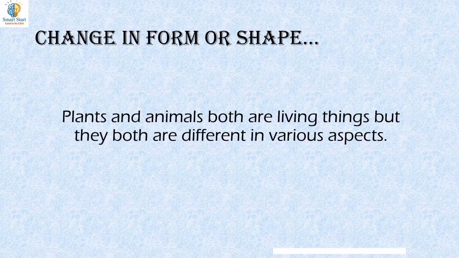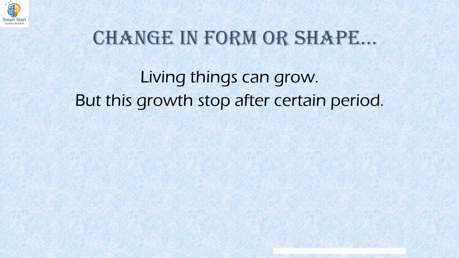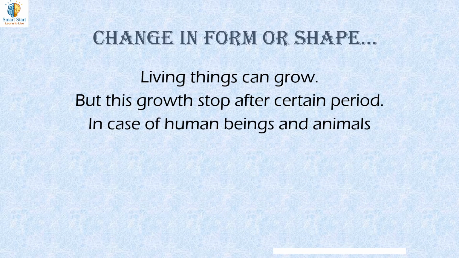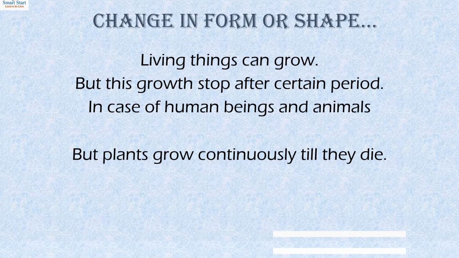Plants and animals both are living things, but they are different in various aspects. Living things can grow, but this growth stops after a certain period in the case of human beings and animals. But plants grow continuously till they die.